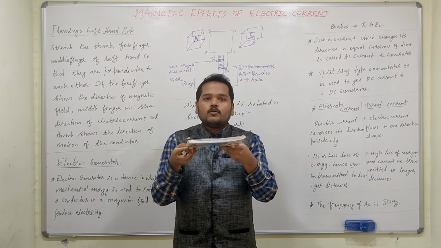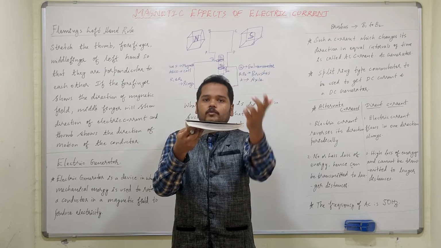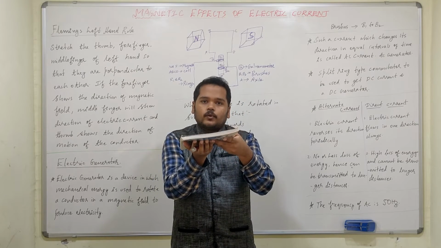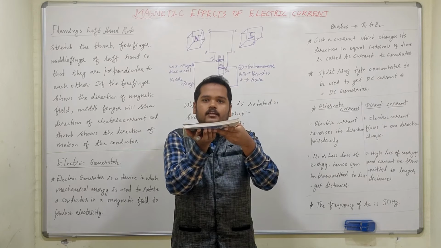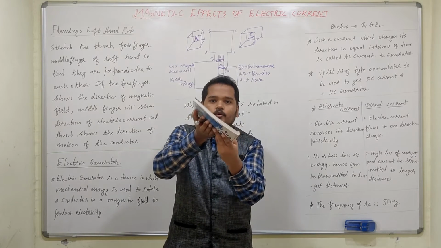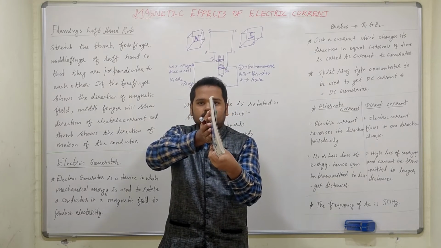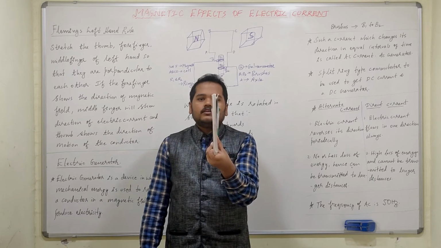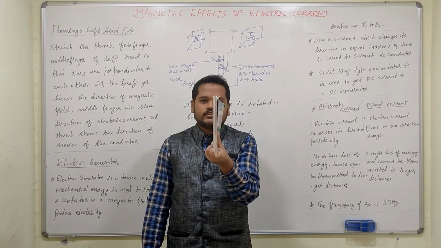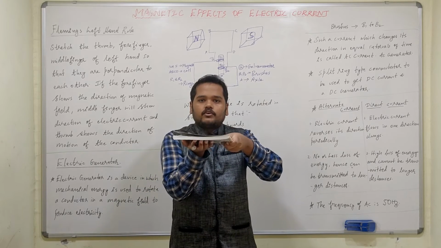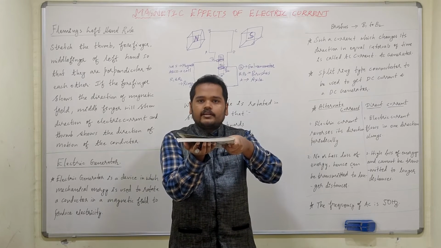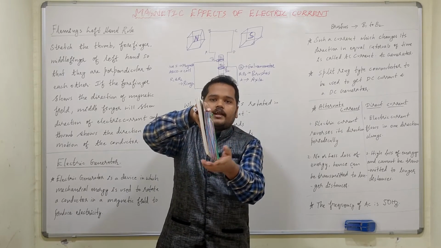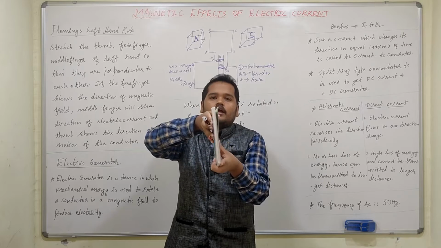If AB goes upwards, CD automatically goes downwards. This is the first half of the rotation: we use mechanical energy to rotate the rectangular coil such that AB goes upwards and CD comes downwards.